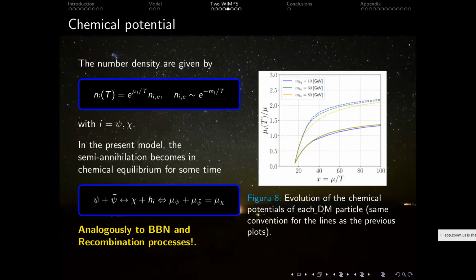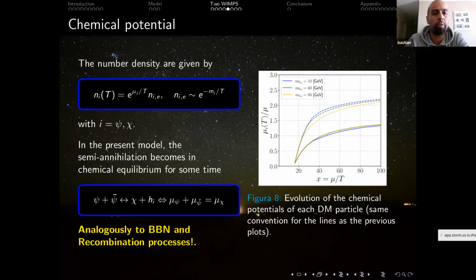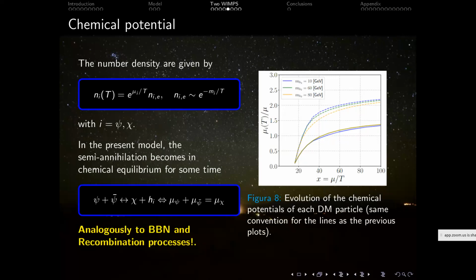That's when the temperature is much higher than the masses. But here we are in the regime in which the temperature is below the mass of the particle, so they enter the relativistic regime. In order to use Boltzmann, the temperature has to be much higher. That's my problem.